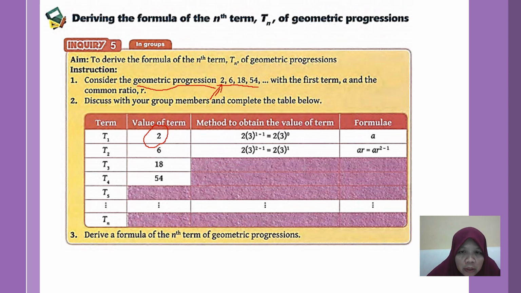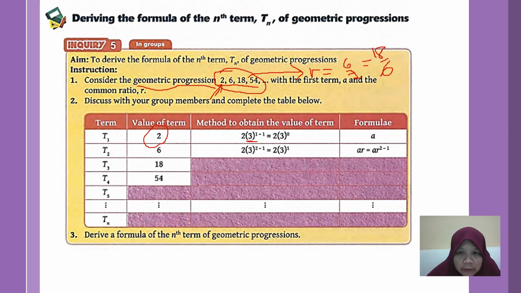How do we get 3? Actually, 3 here is the common ratio. Based on the geometric progression given here, how do we determine r? r is equal to 6 divided by 2, which is 3, or 18 divided by 6, also 3. So r is 3.